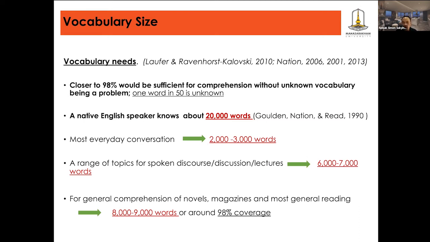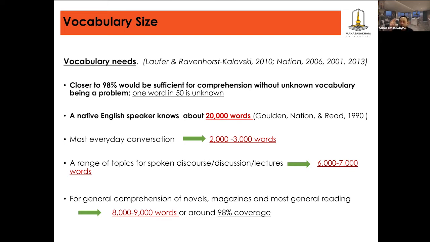The research on vocabulary learning shows that we need around 98% of the words of the text in order to gain sufficient comprehension of the written text. When you want to read any kind of text, a book or whatever, you need to know around 98 words of our 100.